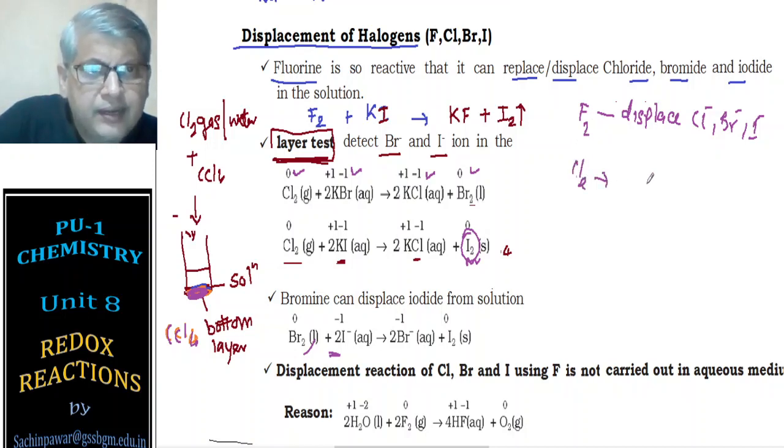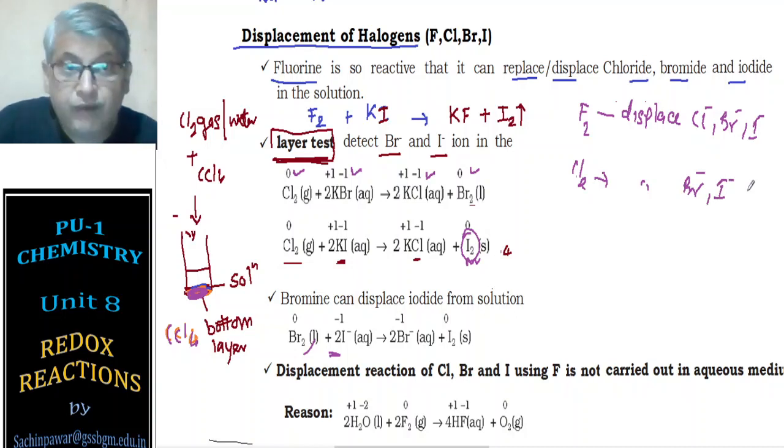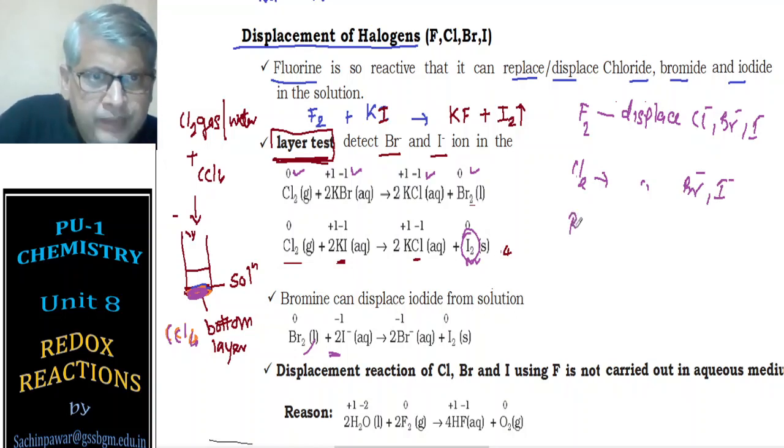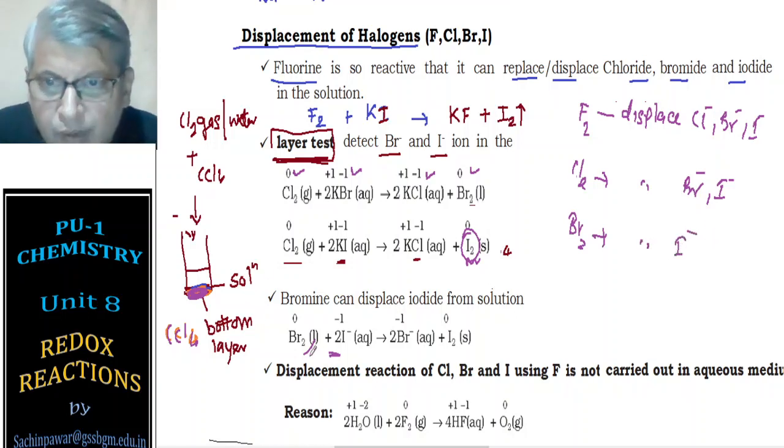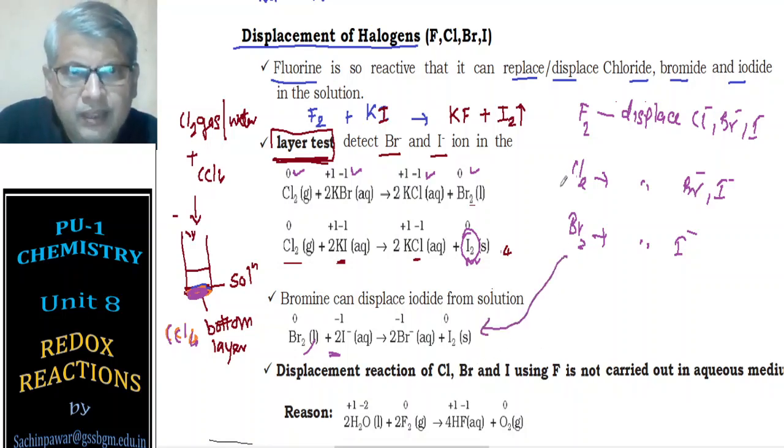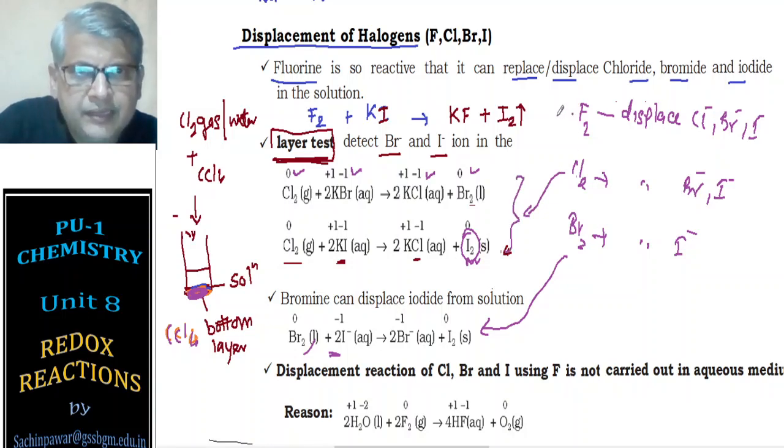Chlorine displaces bromide ion and iodide ion from their solutions. Bromine can displace only iodide ion from the solution. These are the examples.